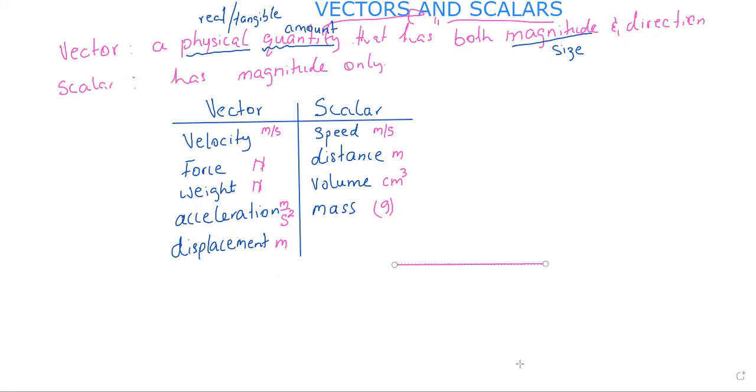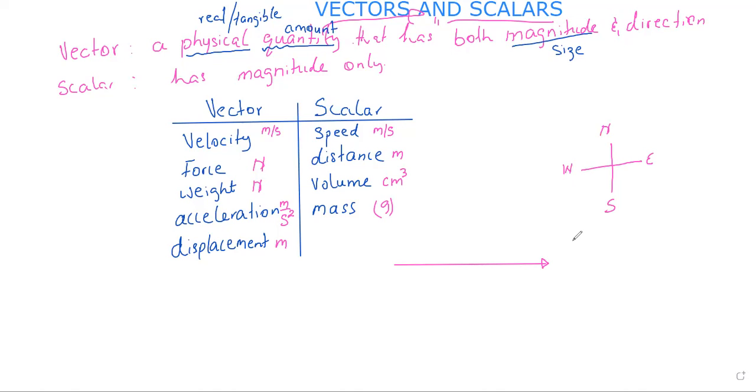Now, because by definition a vector should have magnitude and direction, the length of the line will represent the magnitude of a vector, but we use an arrow to indicate the direction of that vector. Now, you also have a cardinal point, that is your north, the south, the east, and the west.